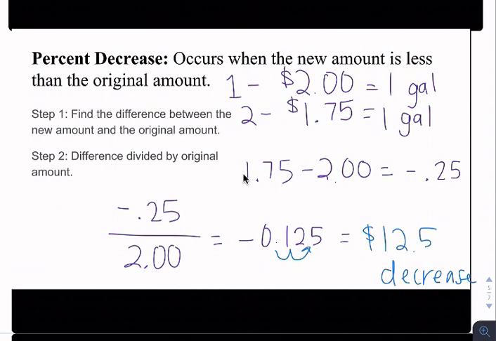When it's negative, it means we're decreasing by that amount.